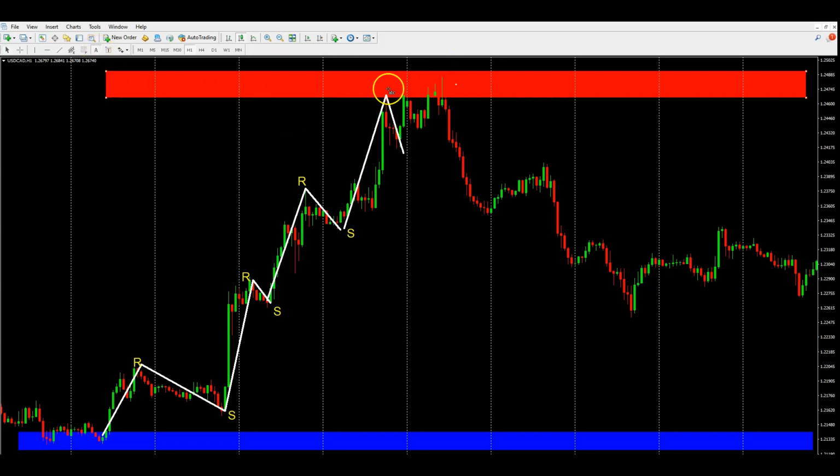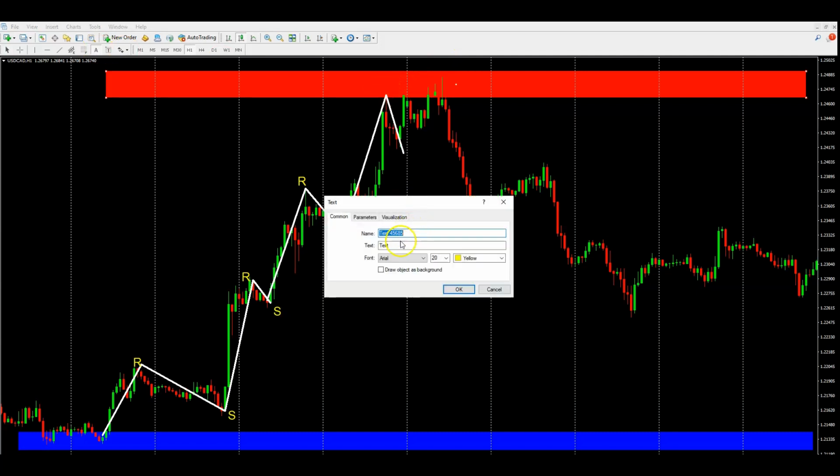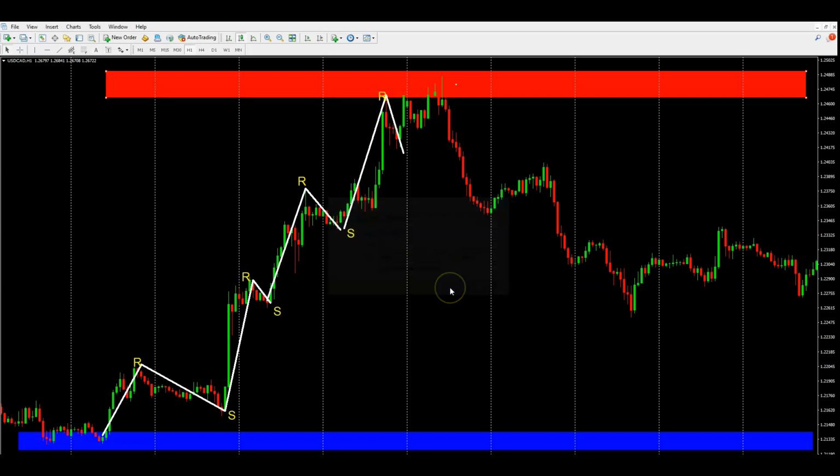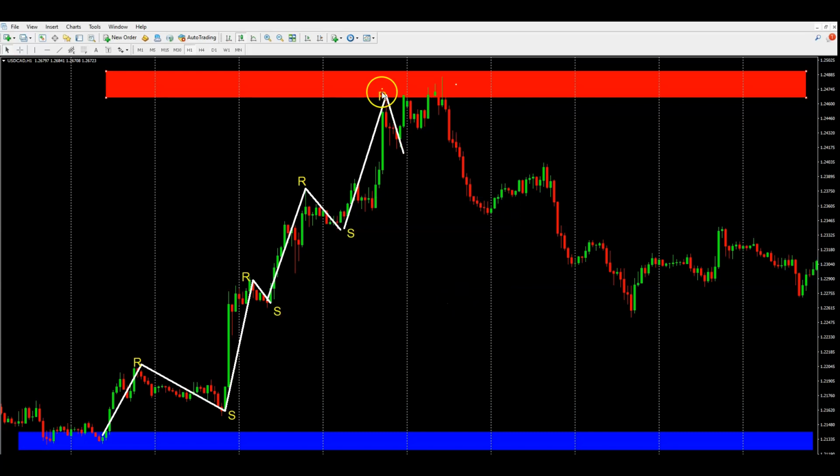I hope you're starting to get the concept now of why people will say the support and resistance levels are the same as supply and demand, because you do have a resistance here, but your supply zone is here. So that's true. You do have a support level here, and your demand level is here. Let's put that support down here.